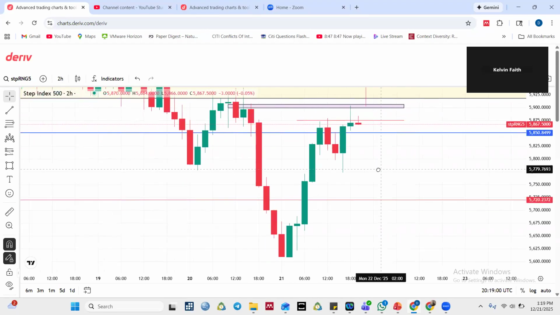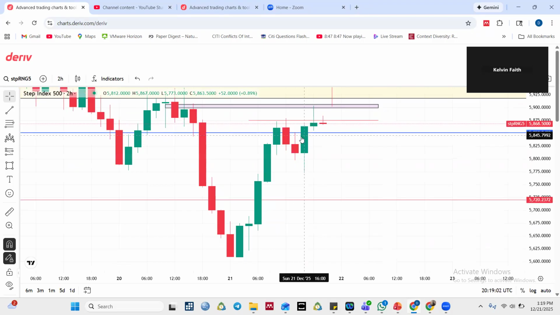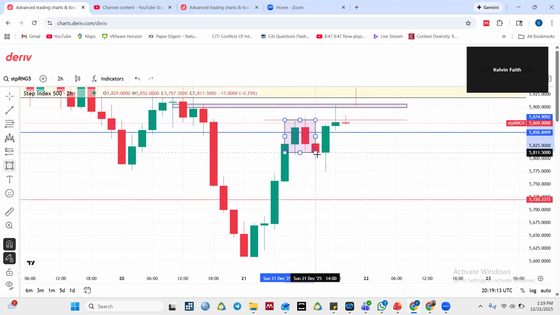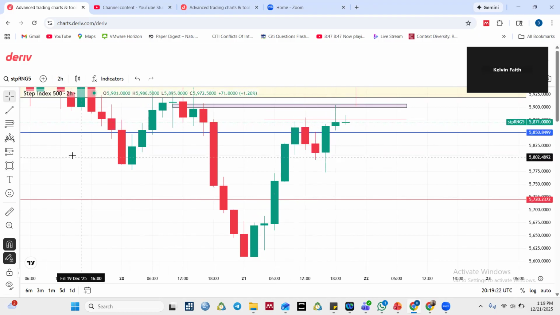If you come to 2 hour, you need another evening star. So on 2 hour, we got, I think, bullish, bullish, bullish. This one looked like an evening star, but it couldn't hold water. Then it moved up.